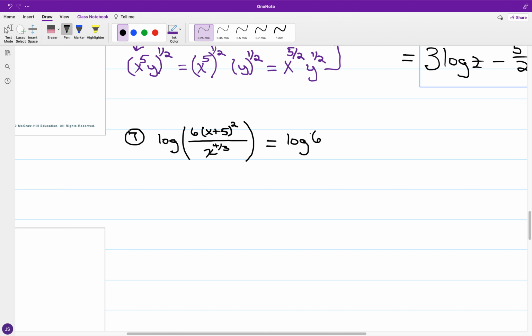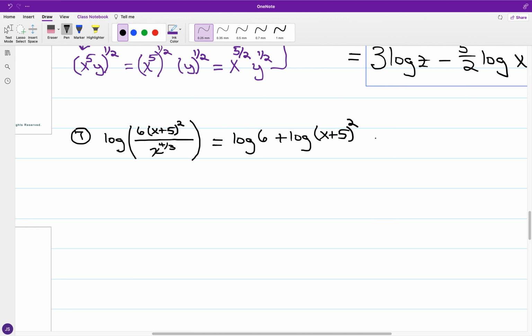Next, with the square of x plus 5, plus the base 10 logarithm of the quantity x plus 5 raised to the second, and with x to the 4/3 situated at the bottom, again as its own attachment, this will be part of a negative logarithmic term, so we're going to have minus the base 10 logarithm of x to the 4/3.